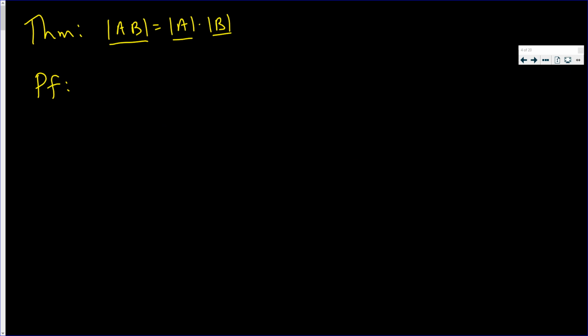The theorem follows. So case 2 will be A is non-singular. And what we're going to do is look only when A is an elementary matrix.